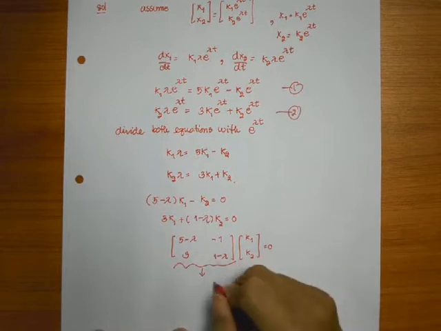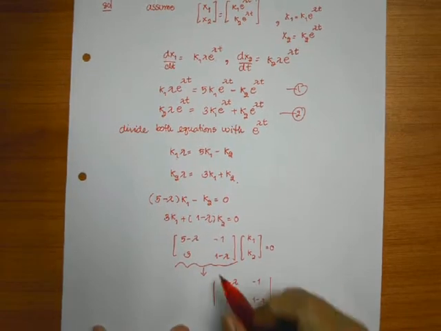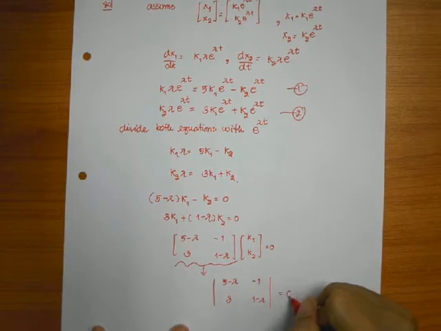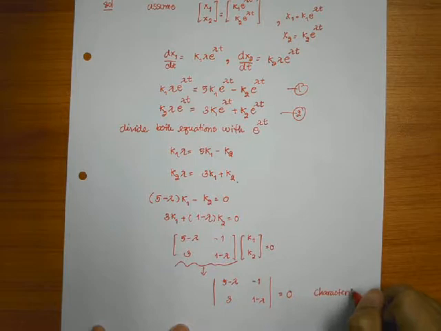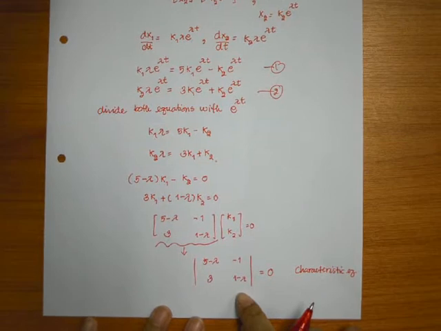So we would say that the determinant of the matrix with rows 5 minus lambda, minus 1, and 3, 1 minus lambda is equal to 0, and this is called the characteristic equation. From this equation, we should be able to find our lambda, right?